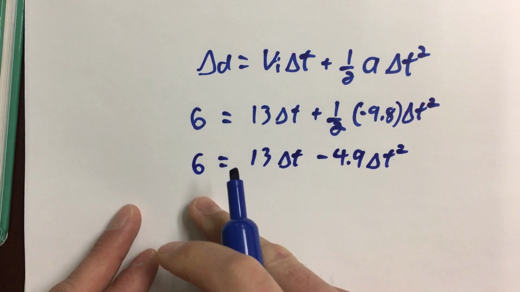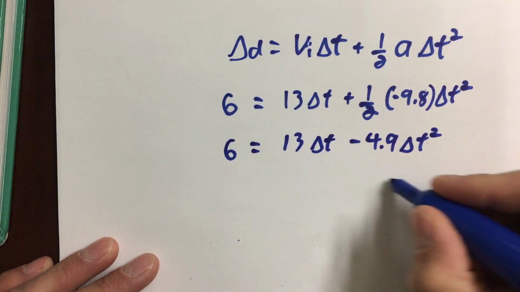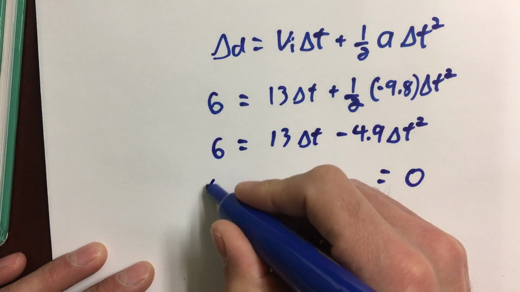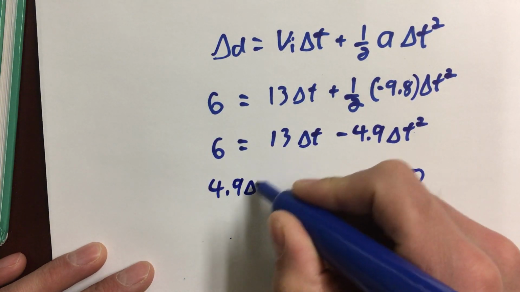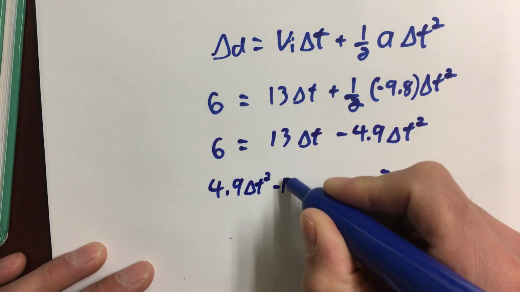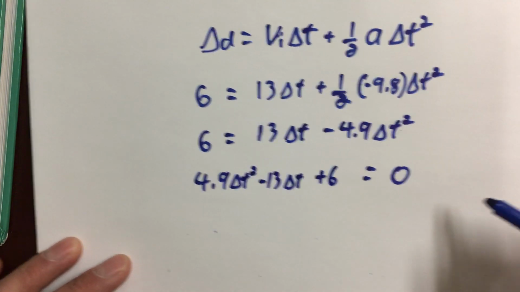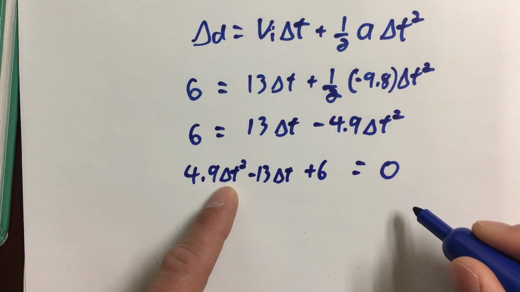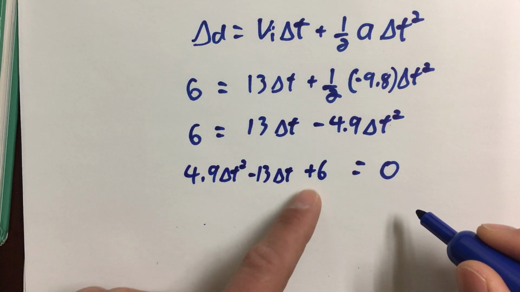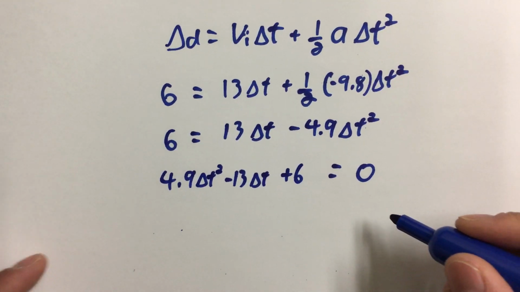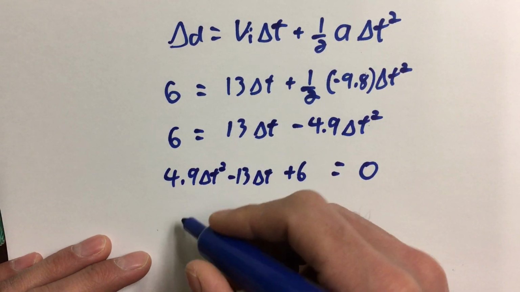And I'm going to send everything to the left, and I'll just have a 0 on the right. So 4.9 delta t squared minus 13 delta t plus 6 is equal to 0. So how do I figure out how much time this was? We use the quadratic formula.